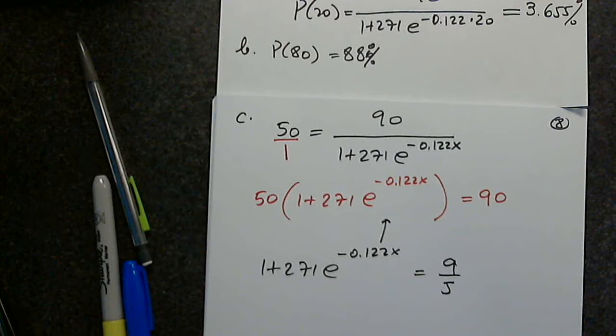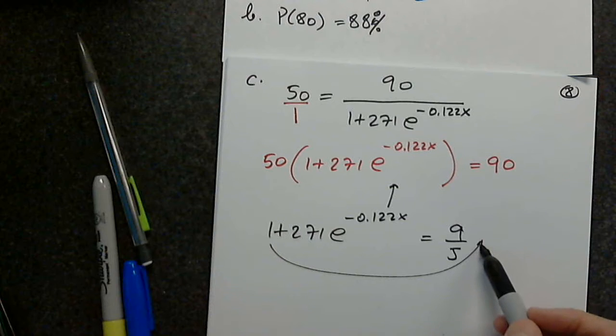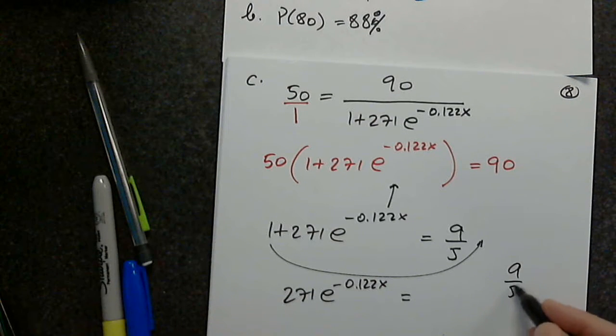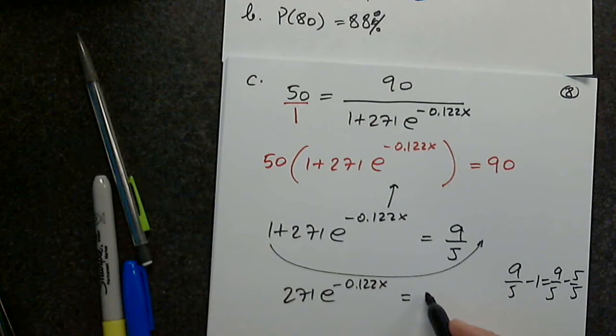Perfect. Next. What do I want to get rid of next? Exactly. I subtract 1 from both sides. So 271 e to negative 0.122x equals 9 over 5 minus 1. 9 over 5 minus 1 is 9 over 5 minus 5 over 5, which is? Very good.